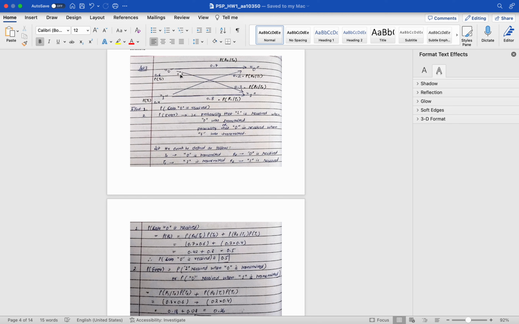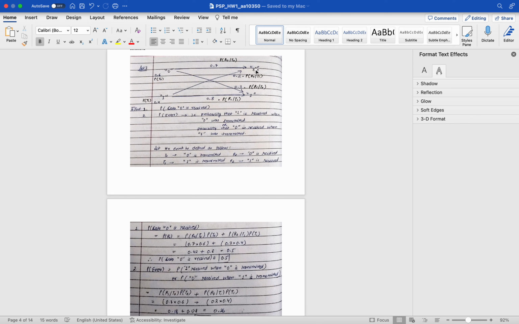So for the first case, the probability 1 is received when 0 was transmitted will be P of R1 given T0 times P of T0, which means the probability of R1, that is data 1 is received given 0 was sent, times the probability that actually data 0 was sent. So that is 0.3 times 0.6.